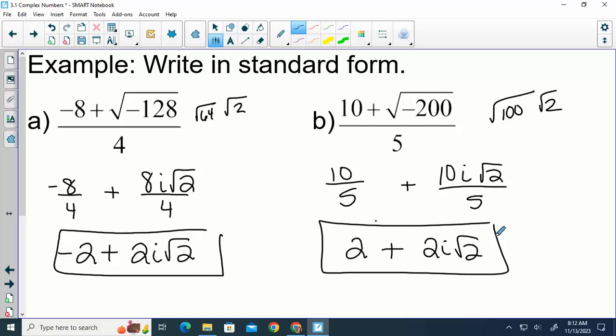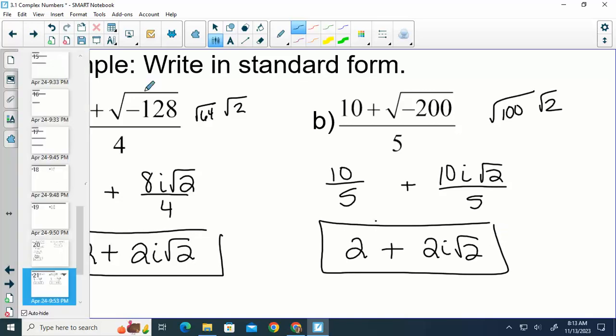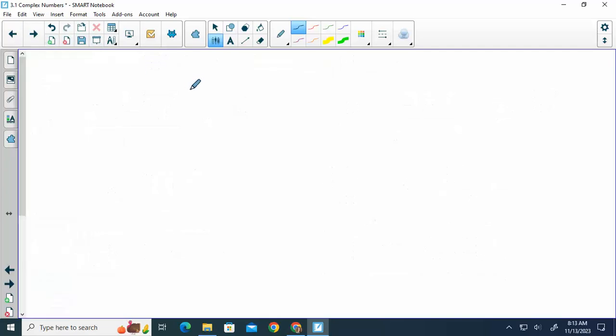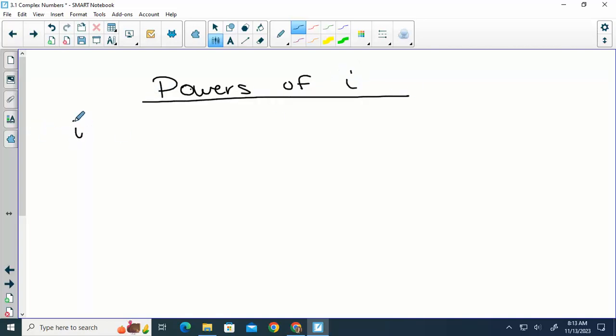Okay, the last thing I want to talk about are powers of i. We know that i to the first, there's nothing you can do. But if you have i squared, what does that equal?